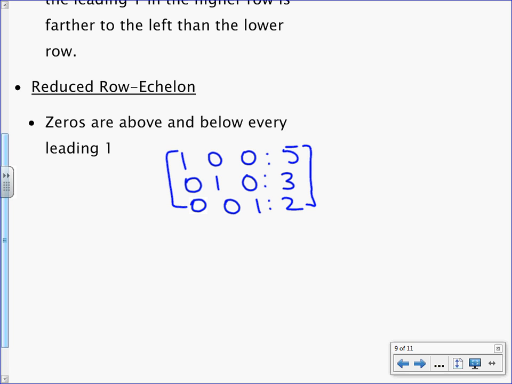So we still have that seatbelt of 1s, but now there's zeros above and below it. Okay, so you have a seatbelt of 1s and everything else is zeros as far as in that square part. Okay, you're still going to have values over here, and I'll show you why in a little bit. But over here in the square part, you're going to have the seatbelt of 1s and everything else is zeros.